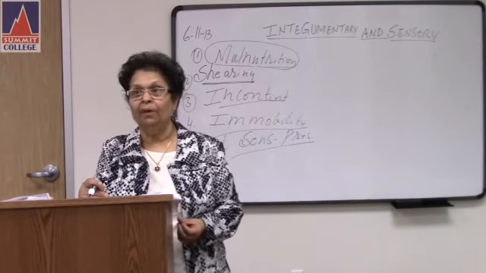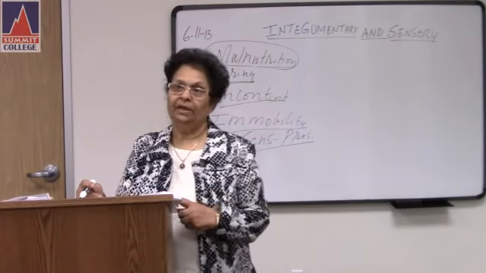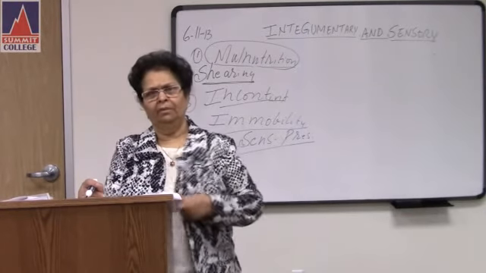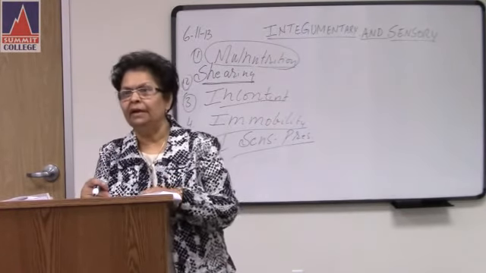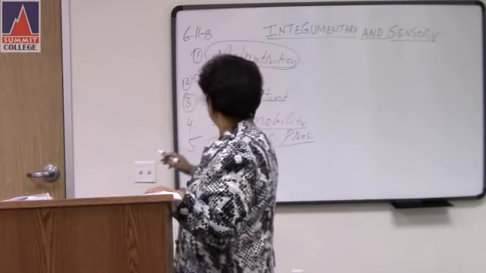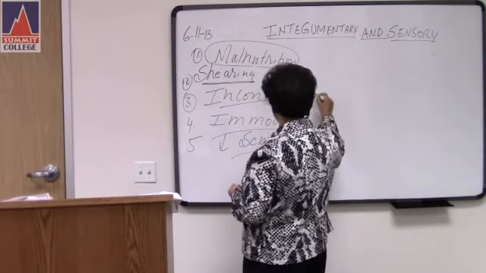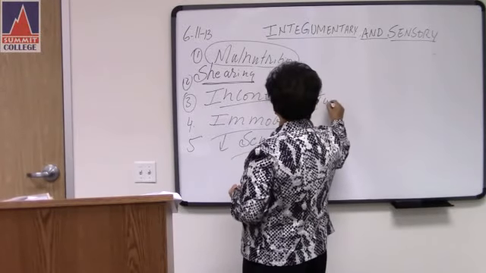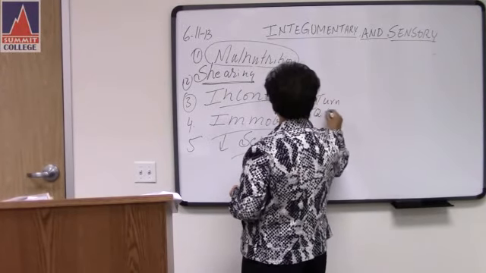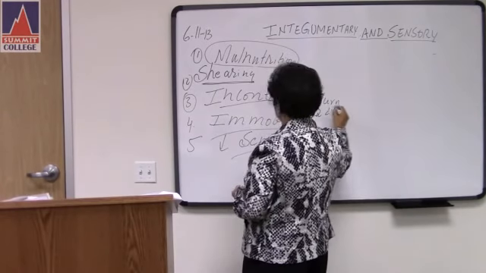A patient who's immobile, we have to turn them frequently. How do we turn them? Not only in the bed. Remember, an immobile patient in the bed, you are turning them every 2 hours.